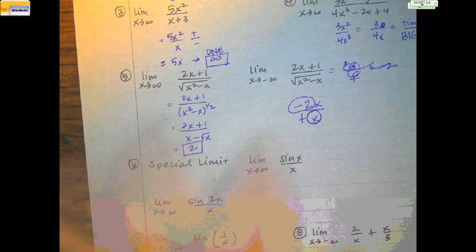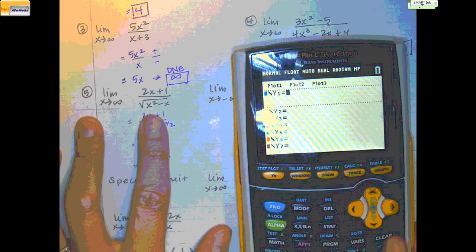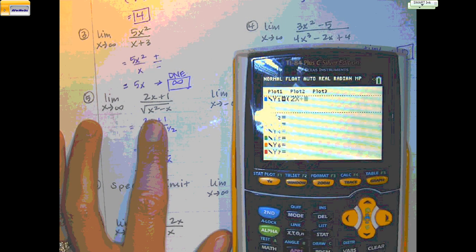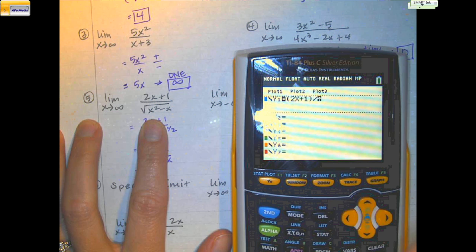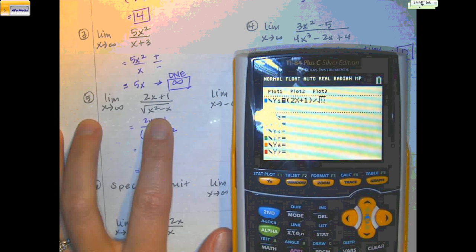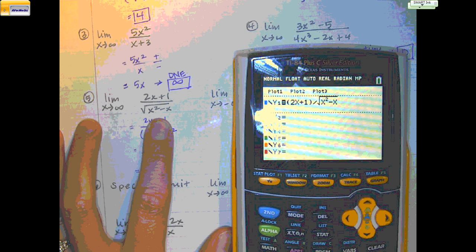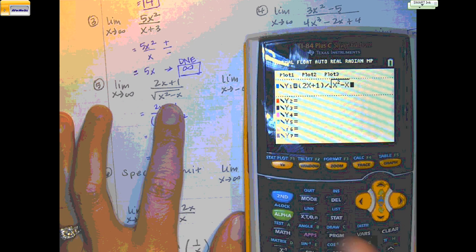Hit your y equals button, and we're going to type this problem in. So we have 2x plus 1, in parentheses, divided by, is your calculator okay? Divided by the square root of x squared minus x. So we type the problem in. I'm going to go to second window.